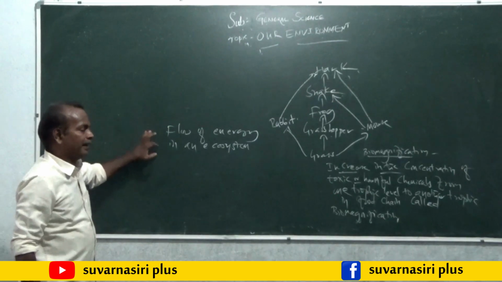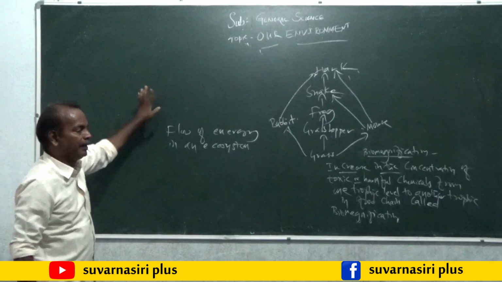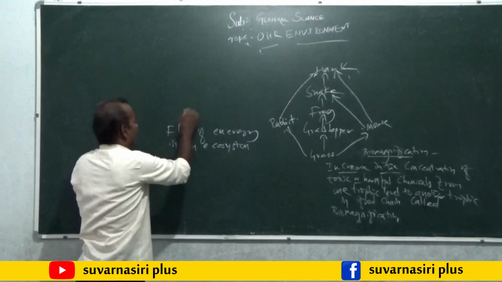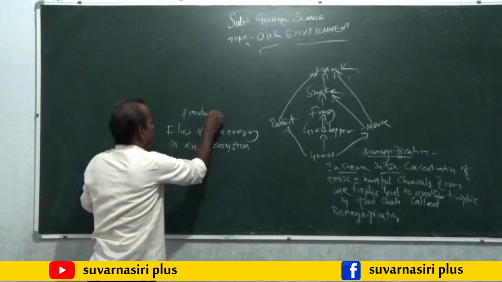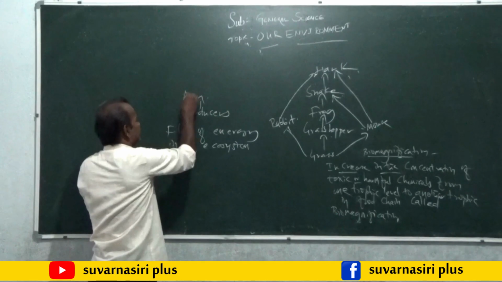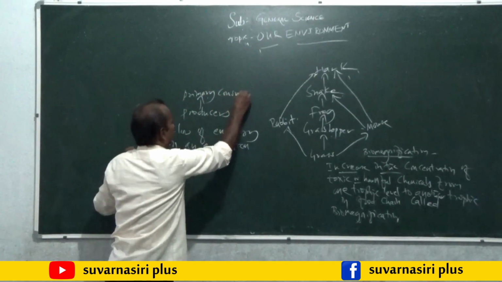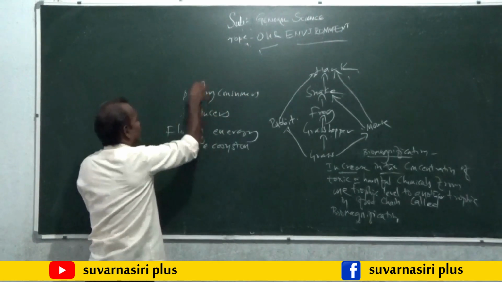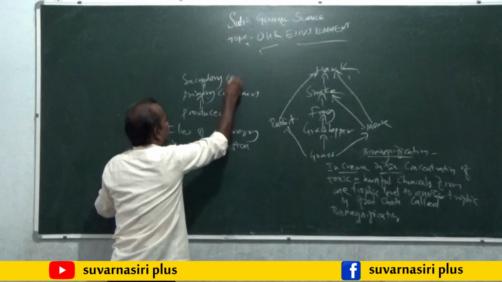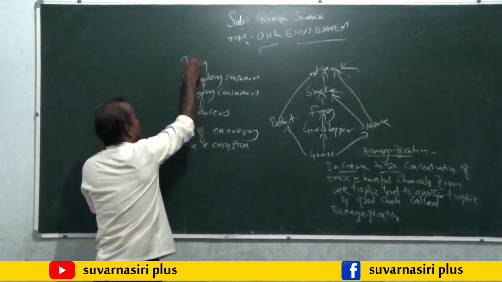The flow of energy from one trophic level to another trophic level is only 10%. It means here you have the producers, and you have the primary consumers, secondary, and tertiary consumers.